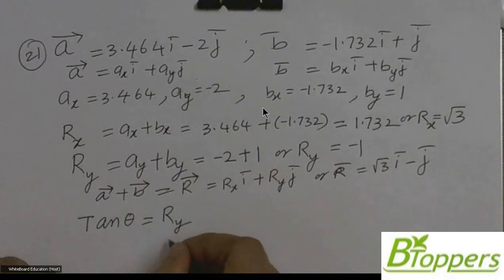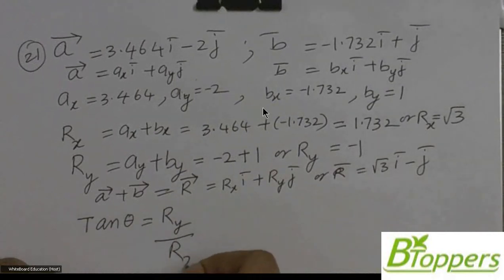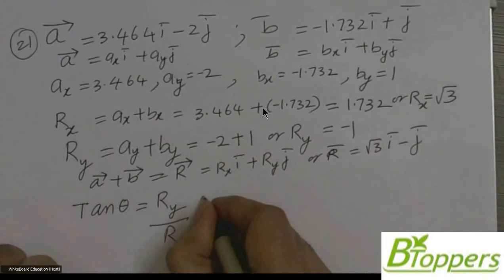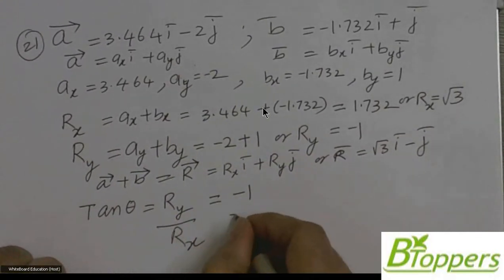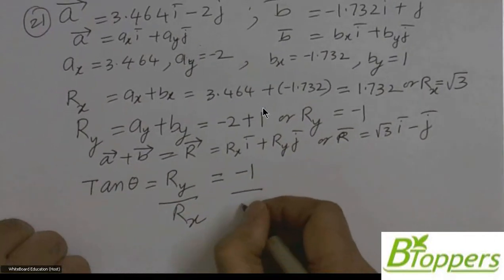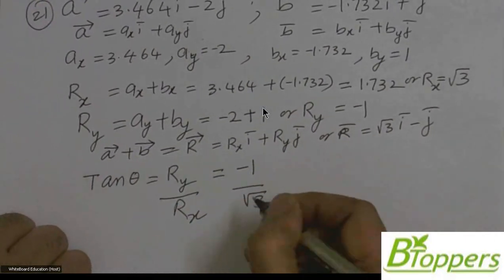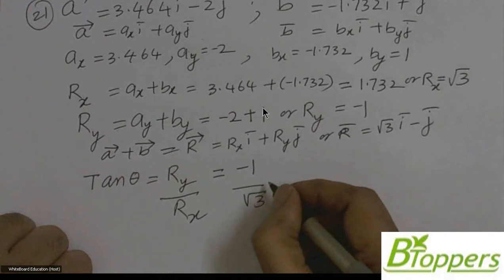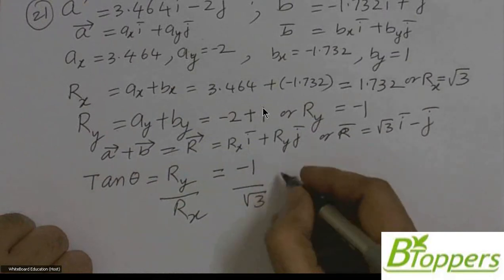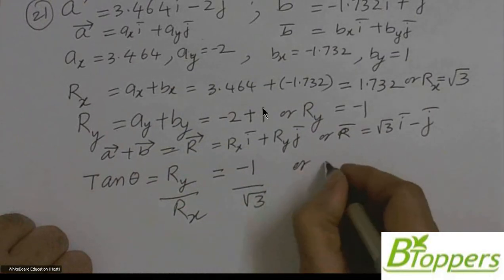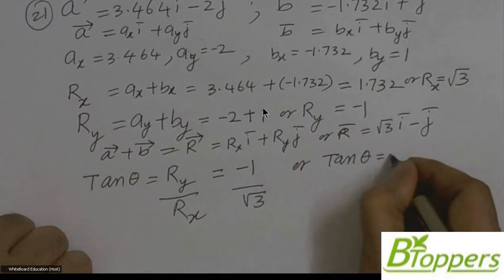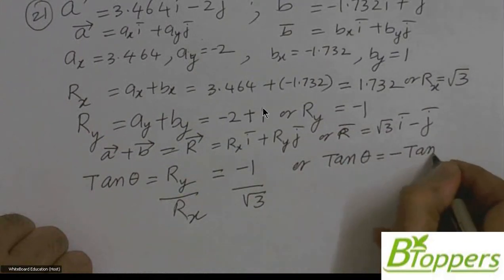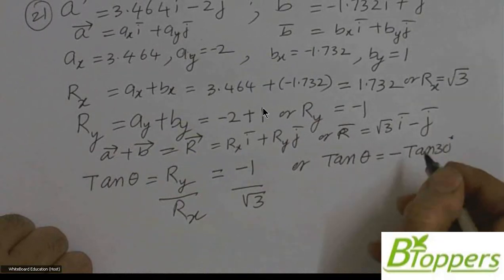In that case, we can write tan theta equal to Ry by Rx. So here we got Ry equal to minus 1, Rx equal to root 3. So we got tan theta equal to minus 1 by root 3. That means tan theta is equal to minus tan 30 degrees.